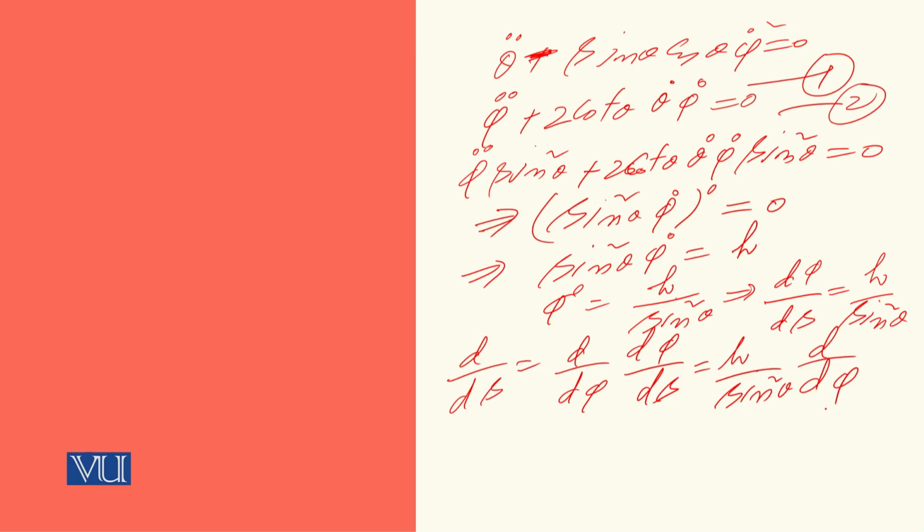So in fact we have defined this operator: d over ds is equal to h over sine square theta d over d phi.